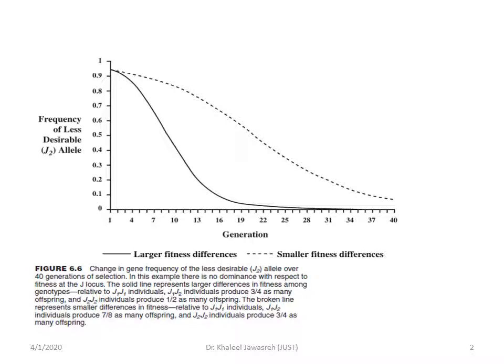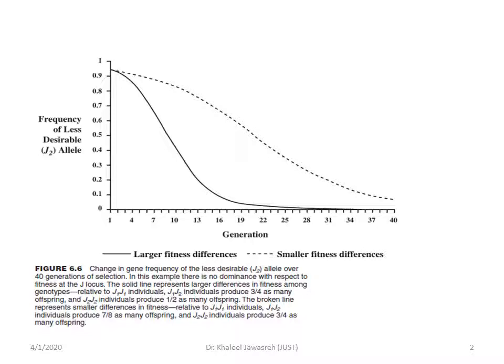From this figure, you can conclude that through generations, we are selecting against the J2 allele. The initial frequency is high for the J2 allele, and through the generations we need to reduce this frequency. It will decline, as you see, through the generations.